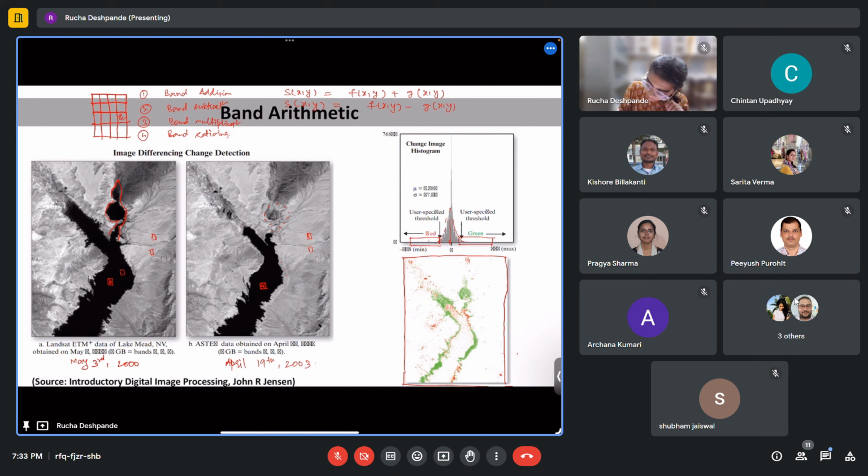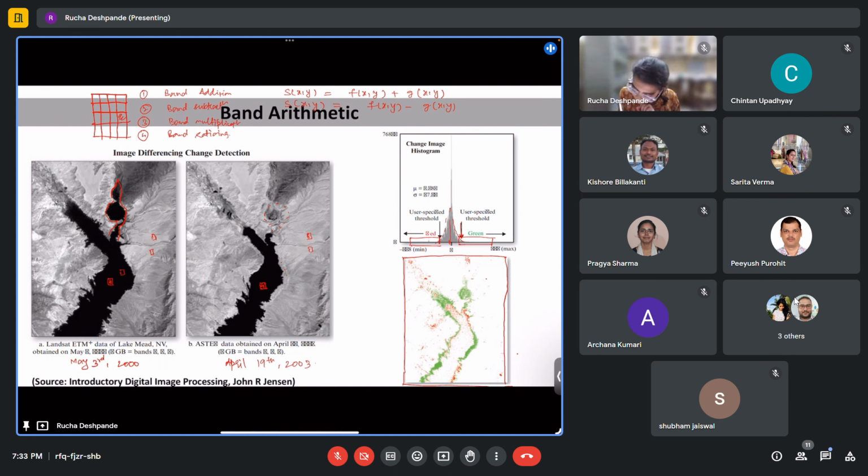Here we make a user specified threshold: any values of the difference mask above this threshold would be shown in green, and below this threshold they would be shown in red. So this is the difference mask.